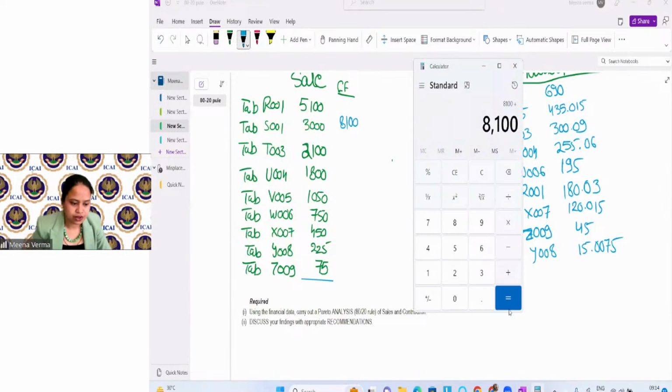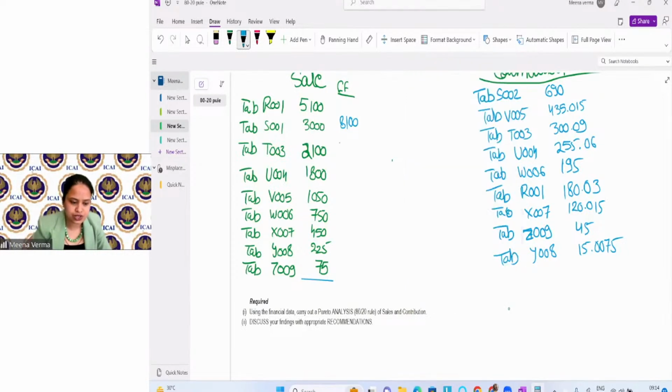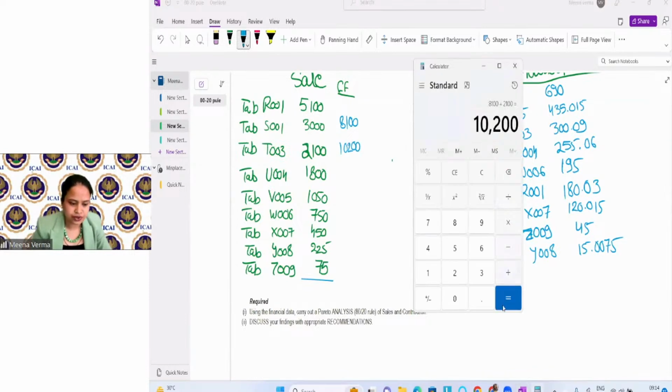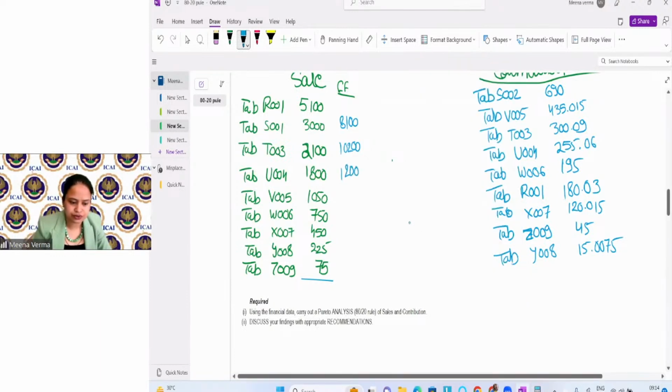Plus 2100. This will be coming as 10200. Then plus 1800. This is coming as 12000.